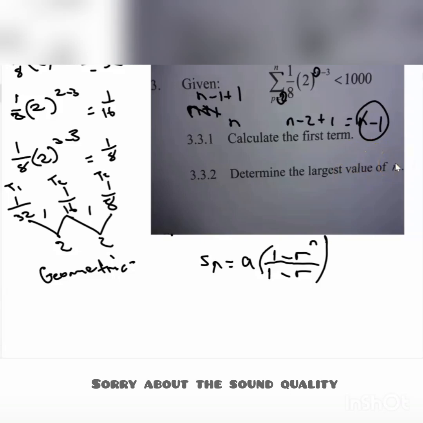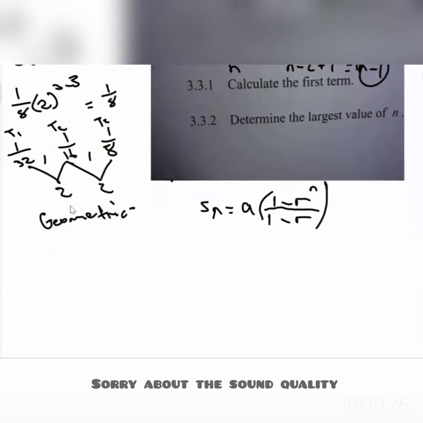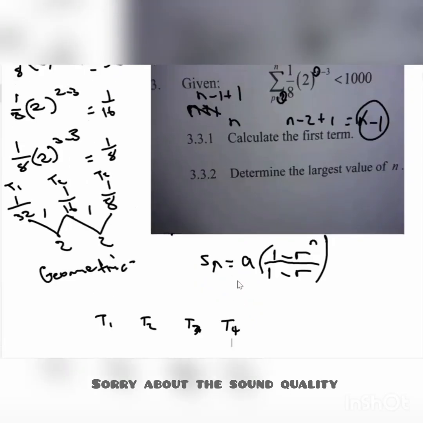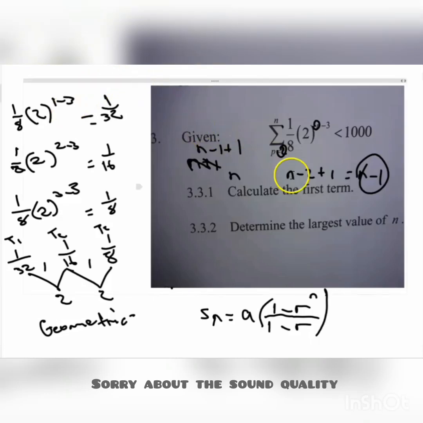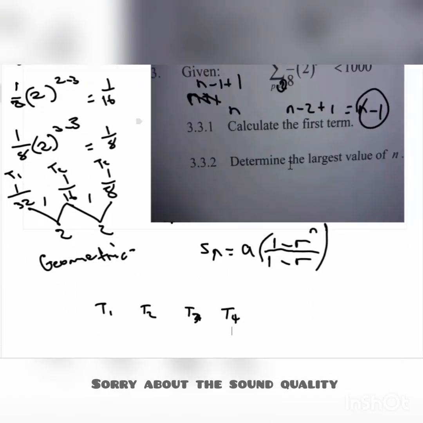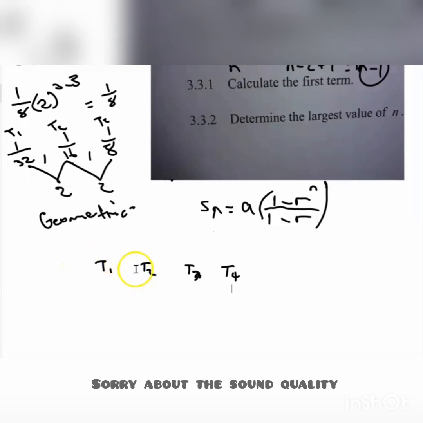Let me explain why that is. Let's say we have 4 terms: 1, 2, 3, and 4. Then if we say we started at 2, I subtract 2 from the end.